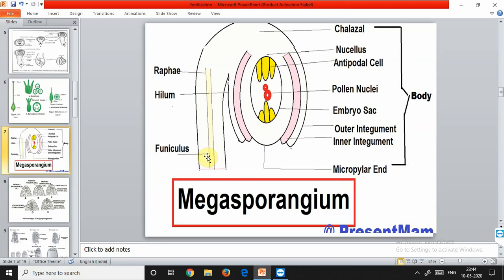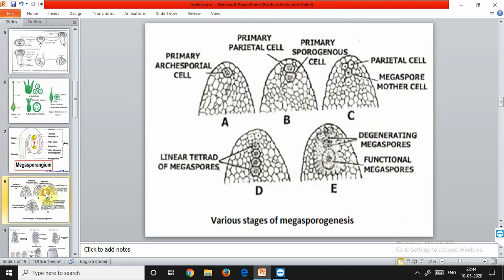Then we'll talk about the development of the megasporogenesis or the development of the female gametophyte. So how does megagametogenesis or megasporogenesis take place?